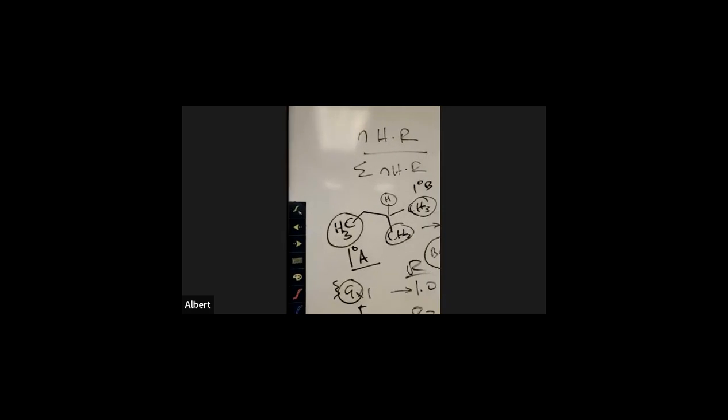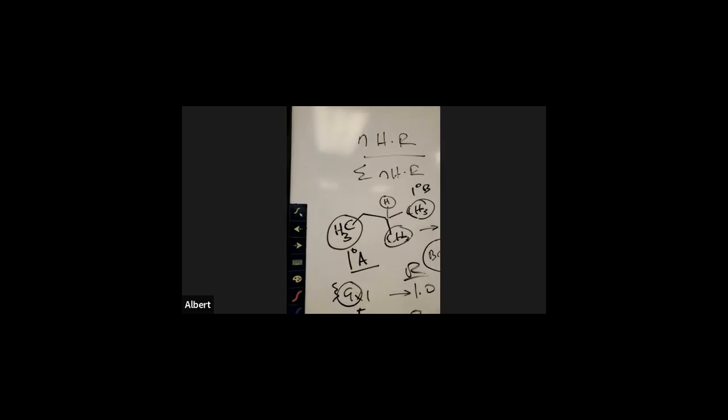Wouldn't it be this one? Does anybody disagree with that online? What type of hydrogen is that? Primary, secondary, tertiary? It's tertiary. And it just so happens that that's the most reactive out of all the hydrogens in this molecule.